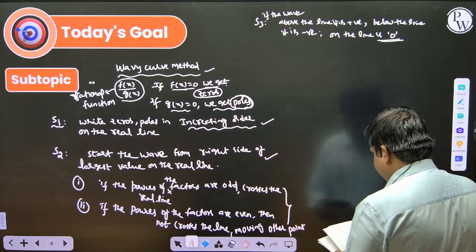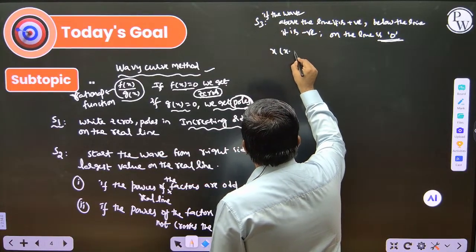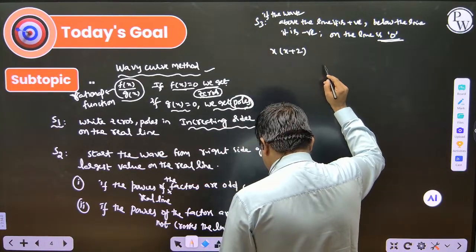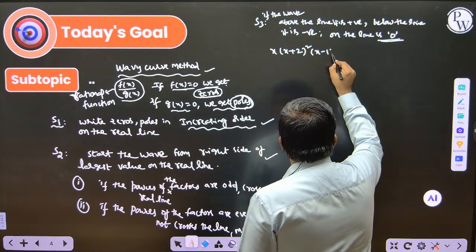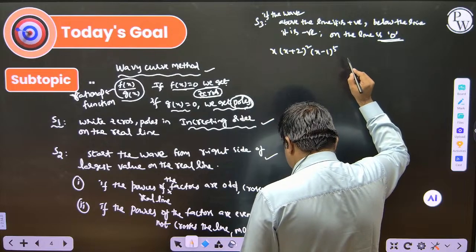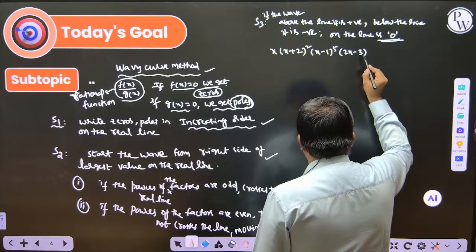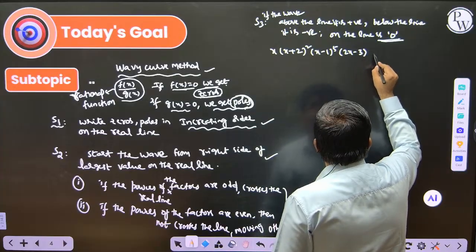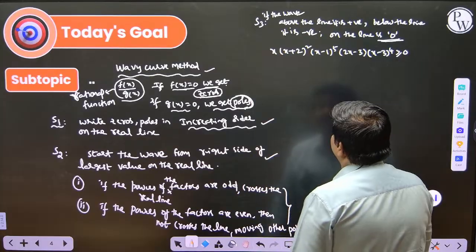So here we'll see x into (x plus 2) into (x plus 2) whole square, (x minus 1) whole power 5, (2x minus 3) into (x minus 3) whole power 4, greater than or equal to 0.